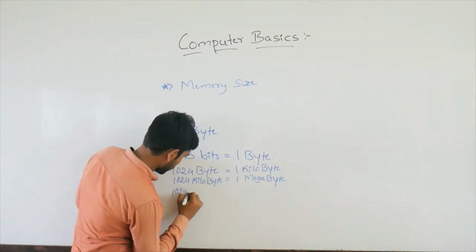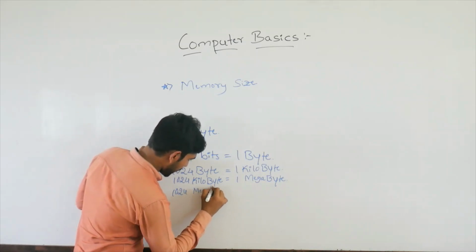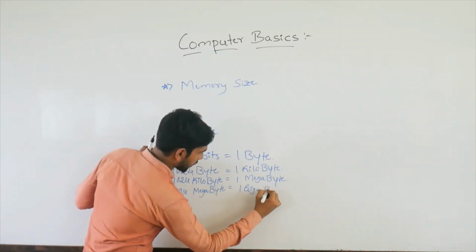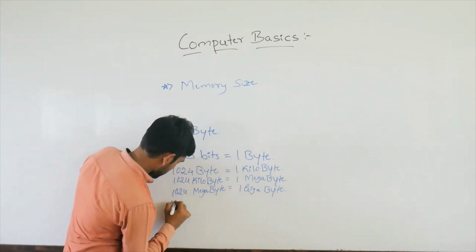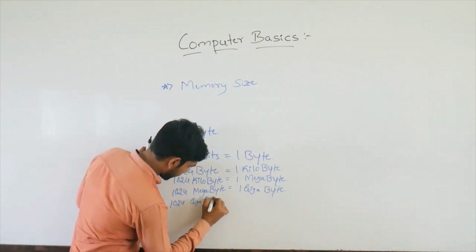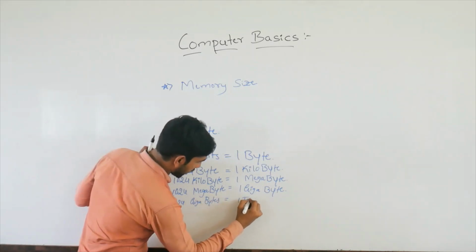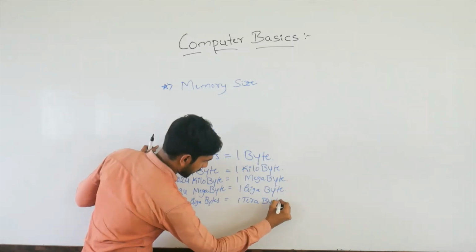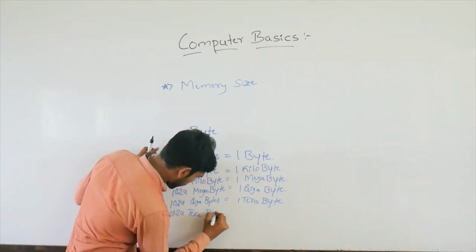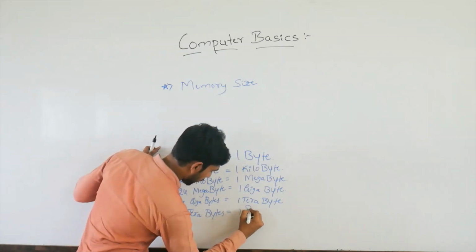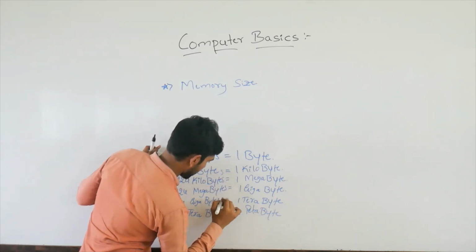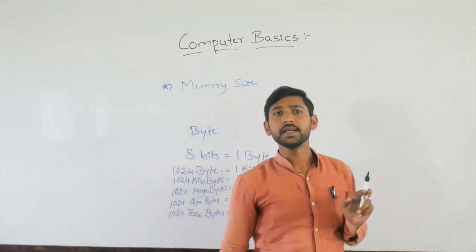Now 1024 megabytes equal to 1 gigabyte. 1024 gigabytes equal to 1 terabyte. 1024 terabytes is equal to 1 petabyte. This is memory size.